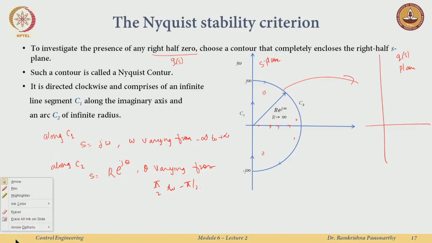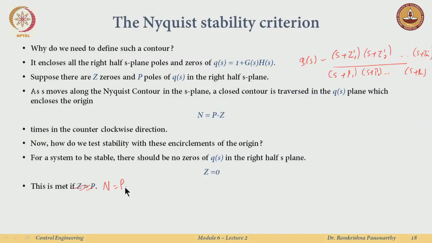So there might be P1 sitting here, P1, P2, P3, P4 and so on. So if there are 4 of these sitting here, then this n should be equal to 4.